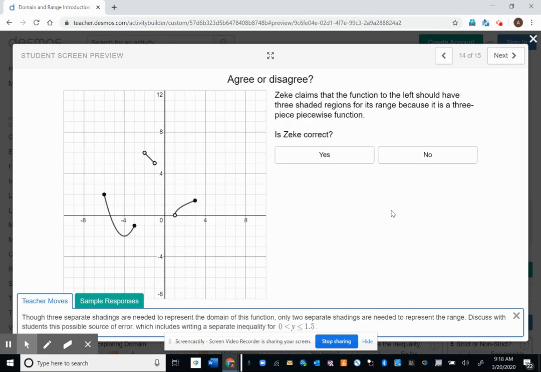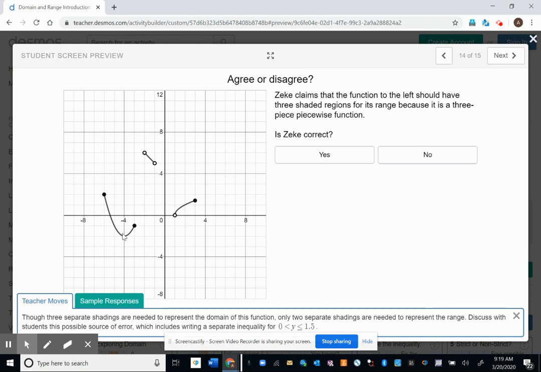Agree or disagree? Should have 3 shaded regions for its range because it's a 3-piecewise function. So I would say it should have 3 shaded regions for its domain because going from left to right, I see it starts, it stops, and then it starts again here and stops, and then it starts again here and stops.